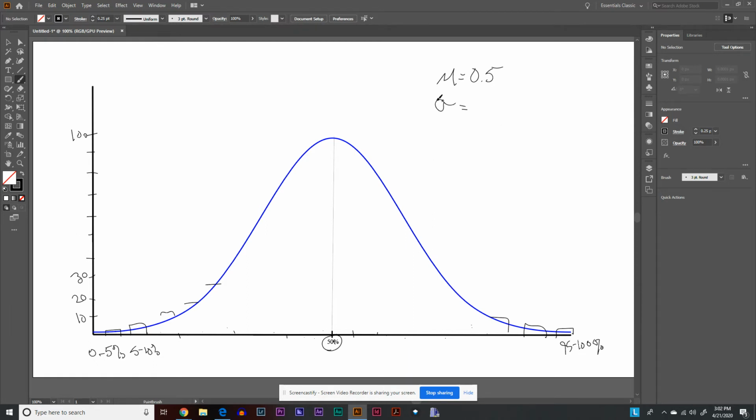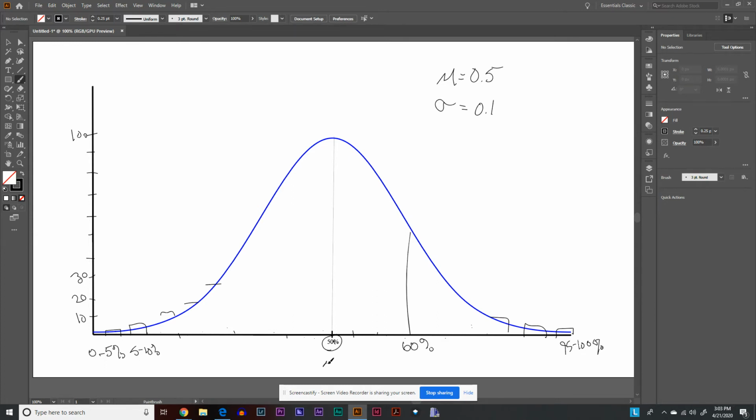By the way, the standard deviation symbol that we have agreed as mathematicians to use is the lowercase sigma symbol. Let's make our standard deviation in this case 10%. So notice that I'm going to write that as a whole number again, 0.1 instead of 10%. What that means is that one standard deviation away in the positive direction from 50% is 60%.